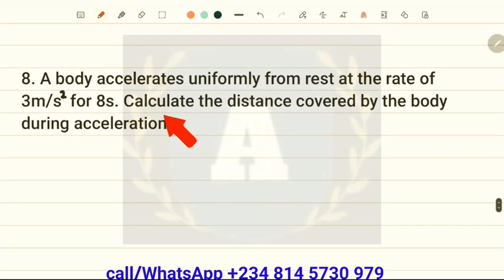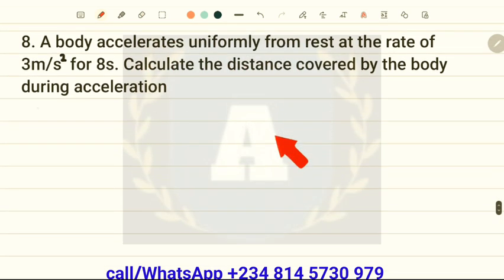And the question says, a body accelerates uniformly from rest. So don't forget, whenever a body starts uniformly from rest, initial velocity will be 0 meter per second, at the rate of 3 meter per second square.